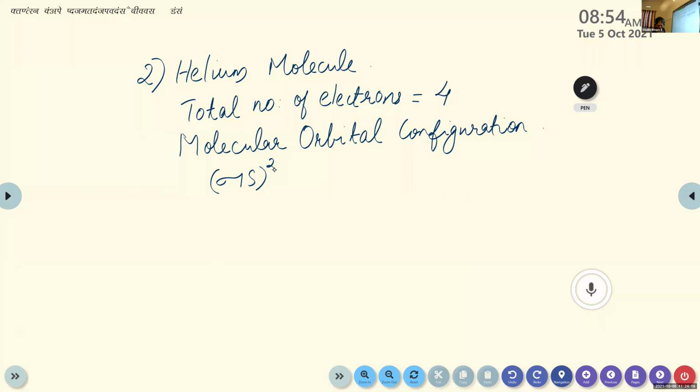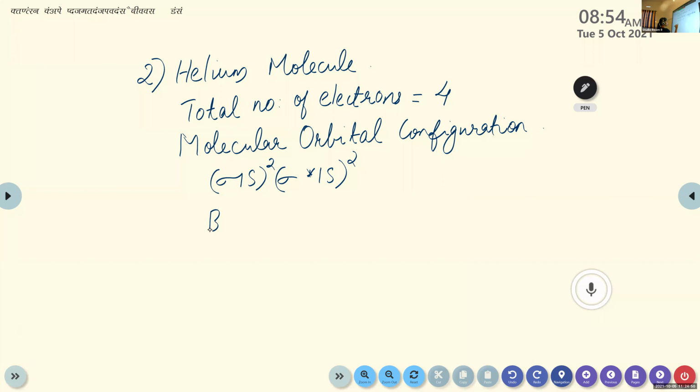There are total 4 electrons, right? So after sigma 1s2, next one is, what about anti-bonding? Sigma 1s2, then sigma star 1s2. So you have to be thorough with the order of these molecular orbitals. Sigma 1s2, then sigma star 1s2. This is the molecular orbital configuration of the helium molecule.